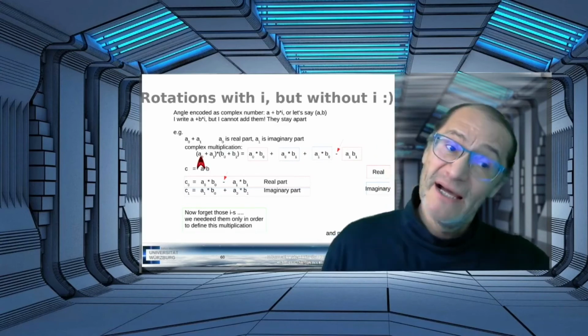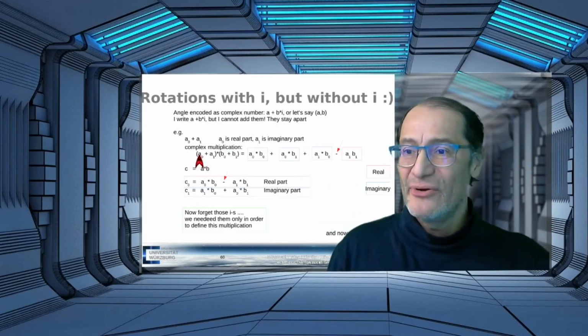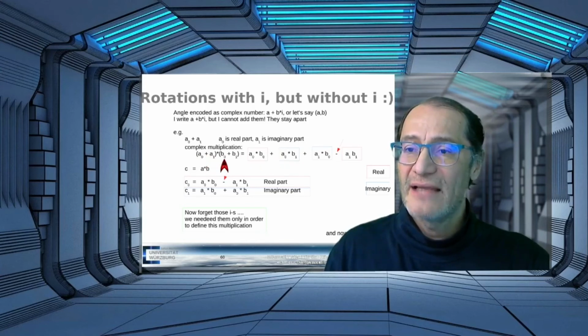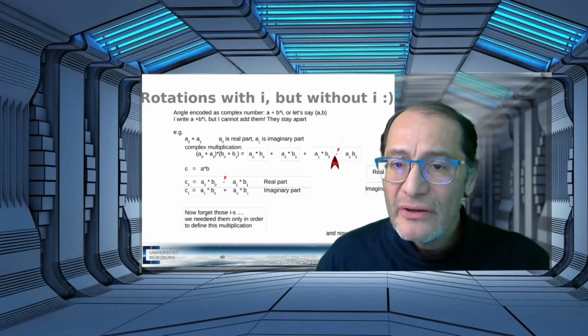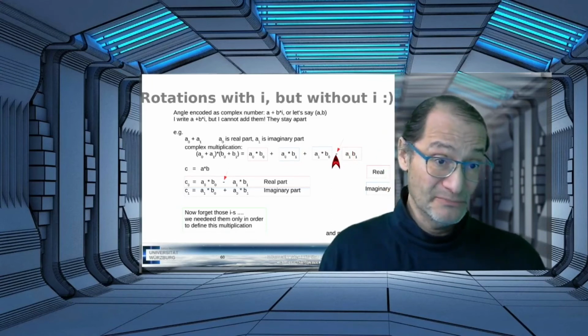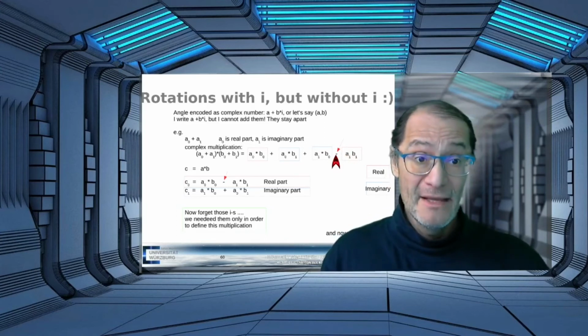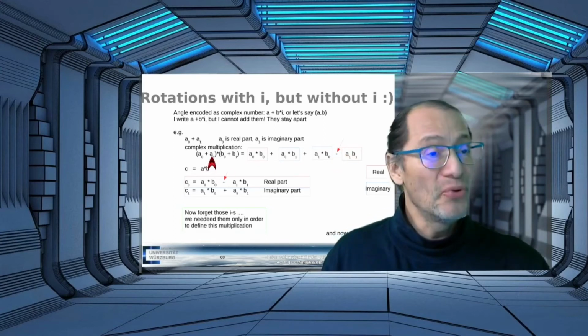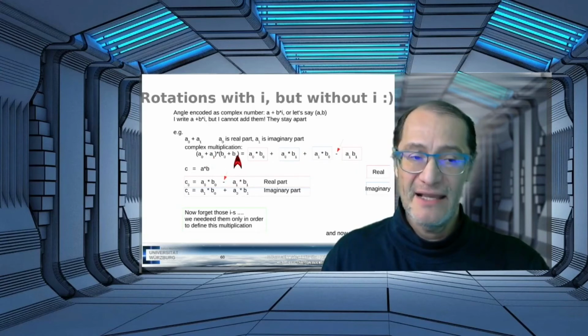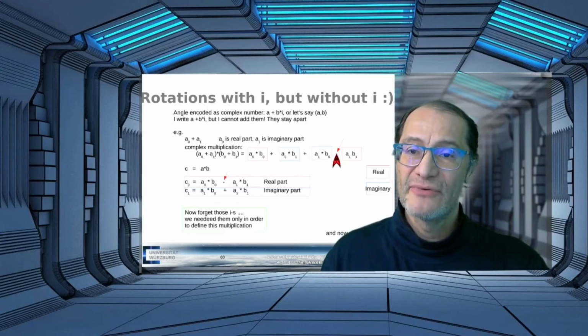If we multiply, we do it like in school many years ago: A0 times B0, what we have here, plus A0 times B1, plus A1 times B0, plus A1 times B1. And now, why do we have a minus here? Do you know? Because we're multiplying two imaginary numbers, i and i. If we multiply i times i, we get minus 1. So therefore we get this minus.